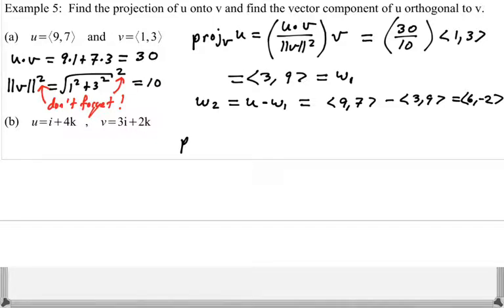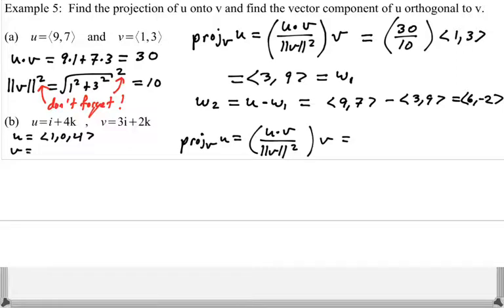For part B, we're looking at the same thing, but we've got vectors in 3-space. u is i plus 4k, v is 3i plus 2k. Both of those do not have a j component. The projection of u onto v is going to be u dot v over the magnitude of v squared in the direction of v. So u is 1, 0, 4, v is 3, 0, 2.